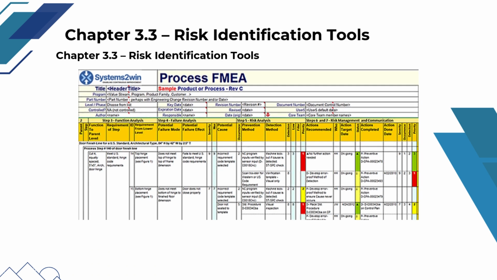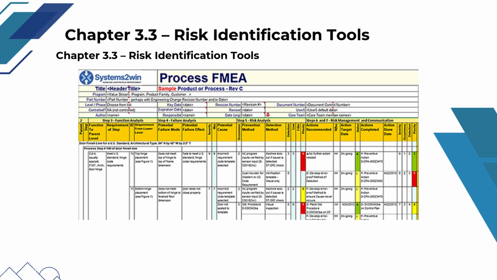This slide shows a process FMEA, which is used in DMADV to identify and assess risks within a process before the final design is implemented. Each process step is analyzed to understand potential failure modes, their effects on the customer, and the underlying causes, along with current prevention and detection controls.